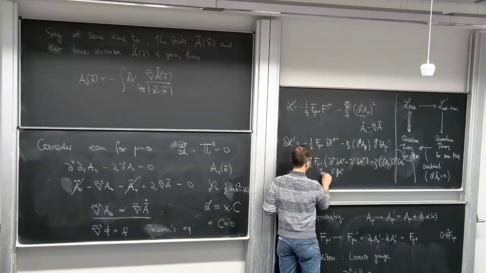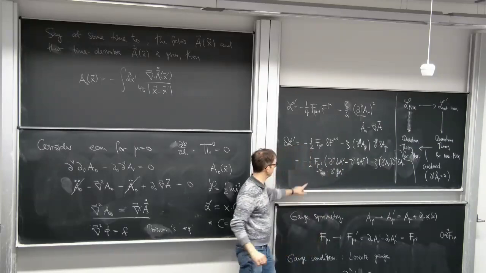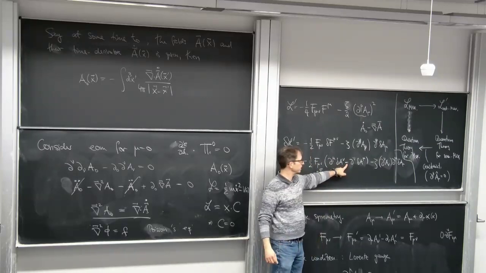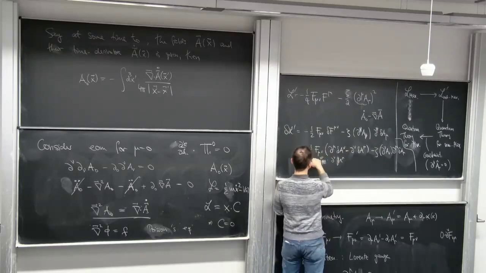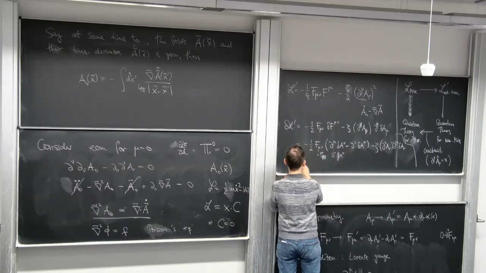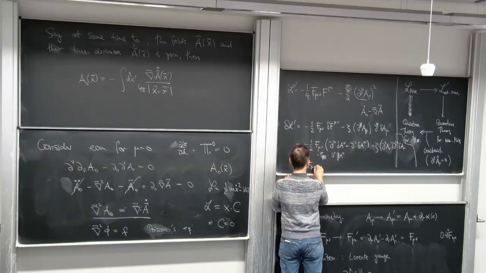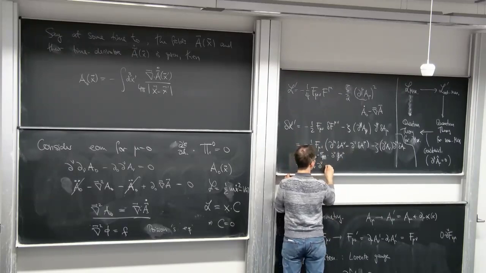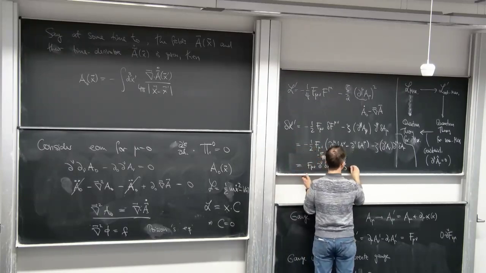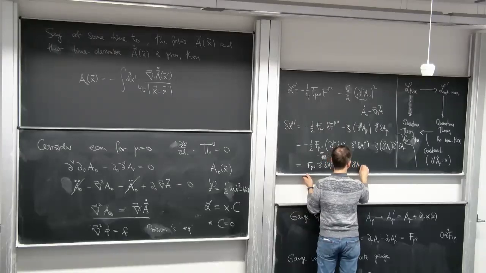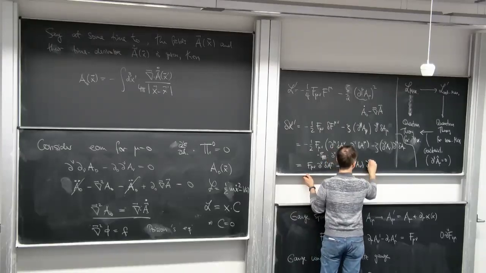And then I turn them around at the expense of a minus sign, which is same as this minus sign. So now the first and second are the same. So I can drop the 2 and just write the second. So it's f mu nu delta a mu minus beta mu a mu d mu delta a mu.